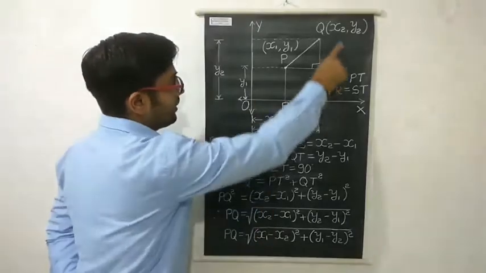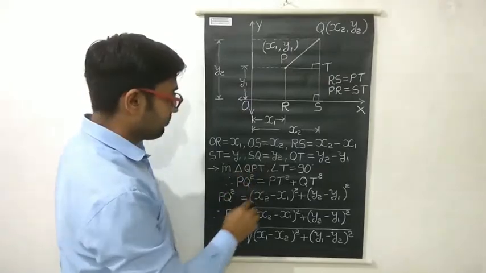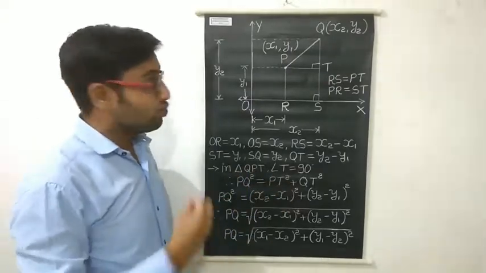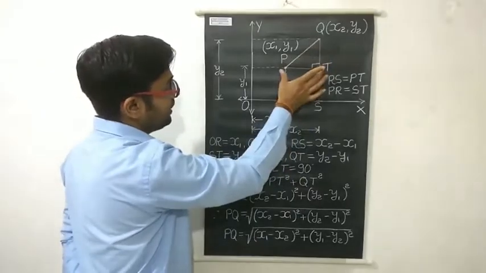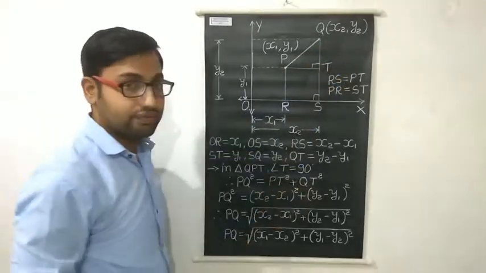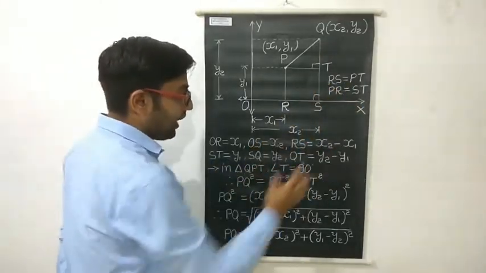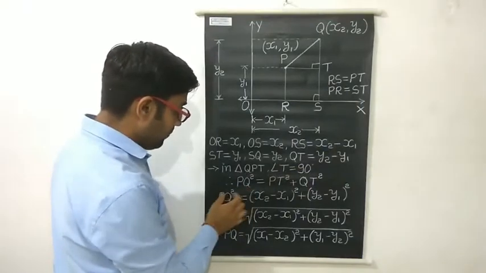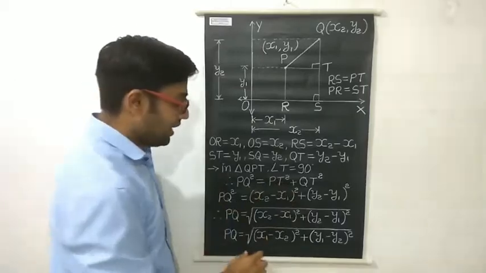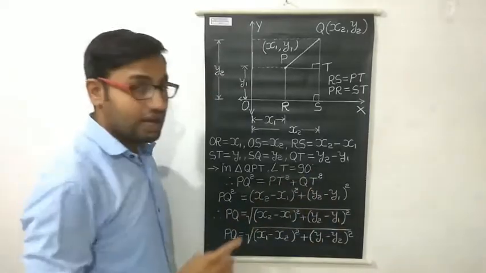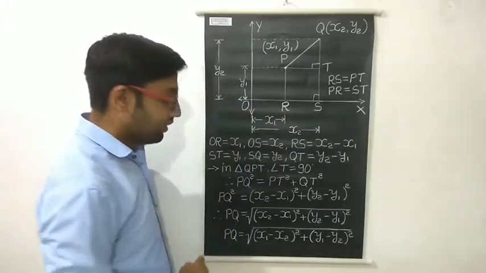So now in triangle PQT, angle T equals 90 degrees. According to the Pythagoras rule, PQ squared equals PT squared plus QT squared. PT equals RS, and RS is x2 minus x1. So we can write PQ squared equals (x2 minus x1) squared, that is PT squared, plus (y2 minus y1) squared, that is QT squared.